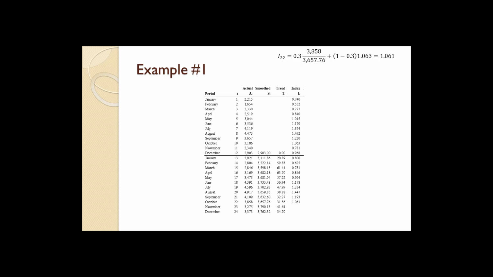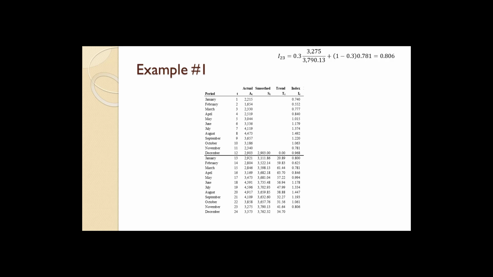The index for October, I sub 22 equals 0.3 times 3,858 divided by 3,657.76 plus 1 minus 0.3 times 1.063 equals 1.061.